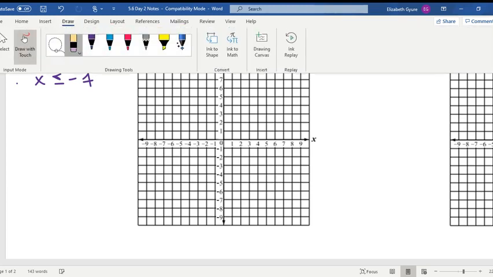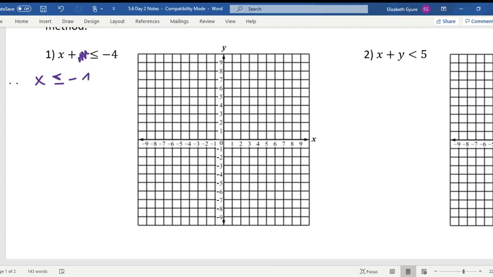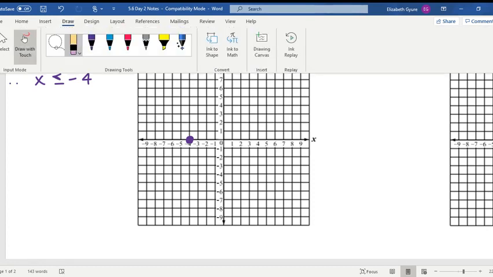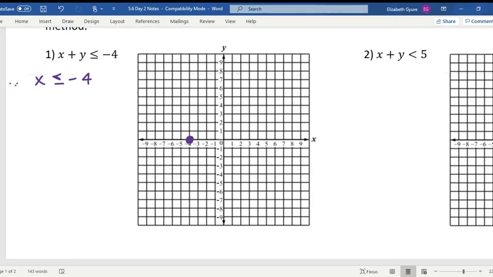That means my x-intercept is the number -4. So what we're going to do on our x-axis is put a dot at -4. Then, if I want to find my y-intercept, what would I cover up?